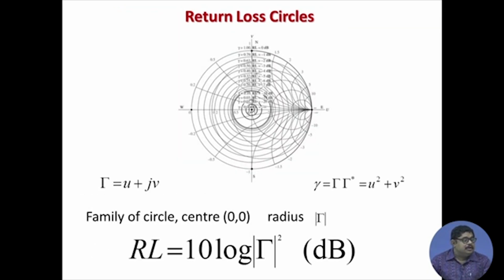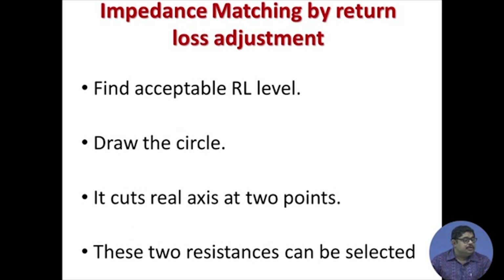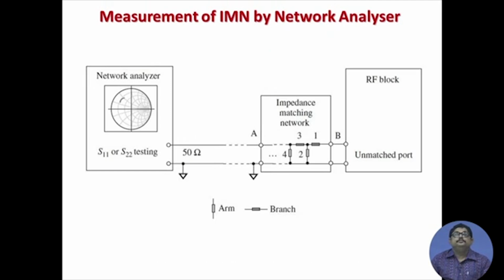So, this is called return loss limitation. Impedance matching by return loss adjustment: find the acceptable RL level, draw the circle, and it cuts the real axis at 2 points. Those two resistances are the extreme points beyond which you need not go.